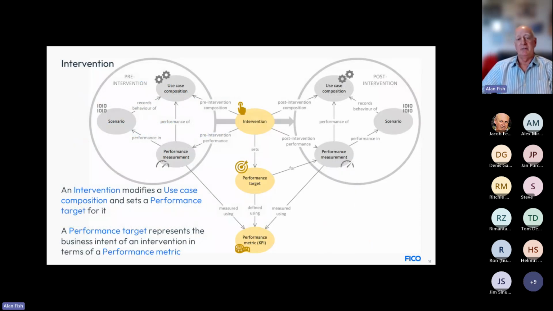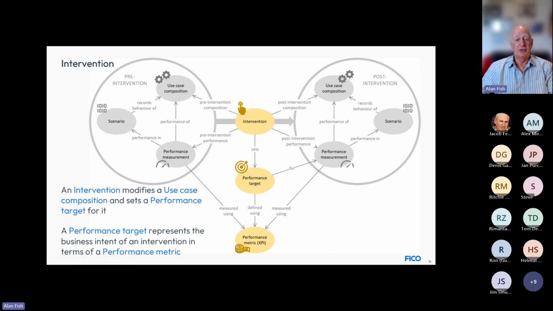An intervention is a modification to a use case composition. It takes a pre-intervention use case and it creates a post-intervention use case. So you'll see here we've got two versions of this Y-shaped structure of performance measurement, one on the pre-intervention side and one on the post-intervention side.